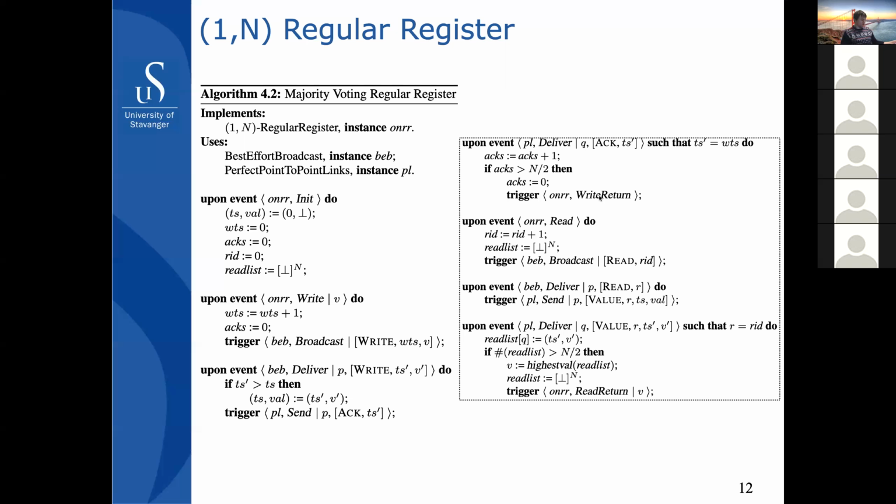So I was wondering if there's anyone that needs to have another look at the Paxos pseudocode, or if it's clear.